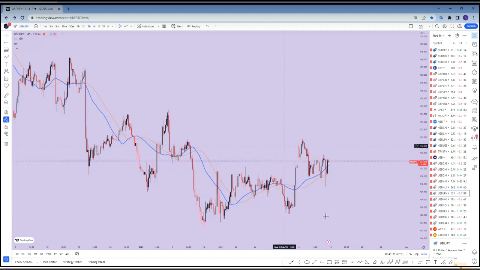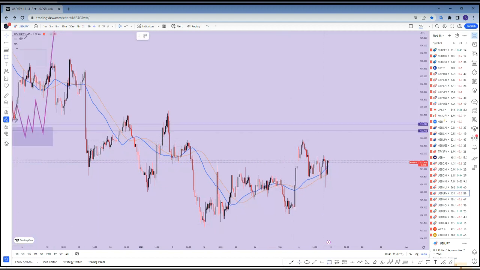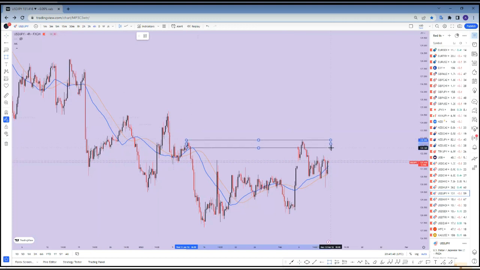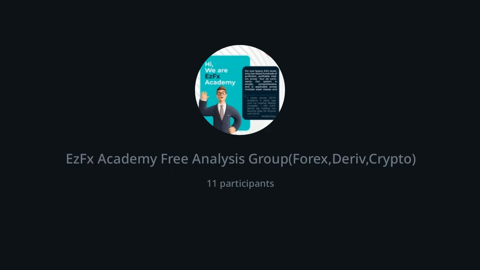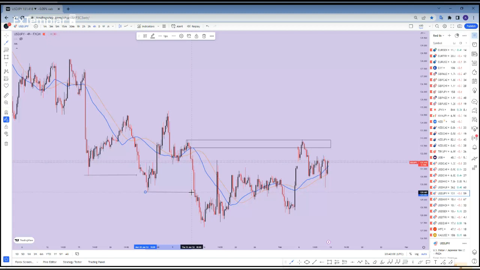Oh, wow, that's a sweet one. Break of structure, the other block was retested with trend line liquidity.